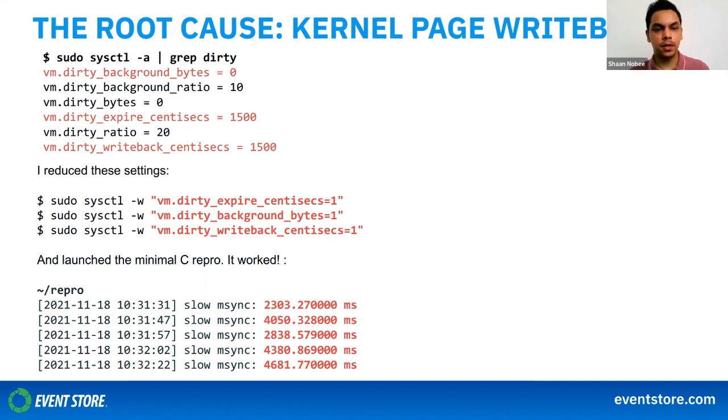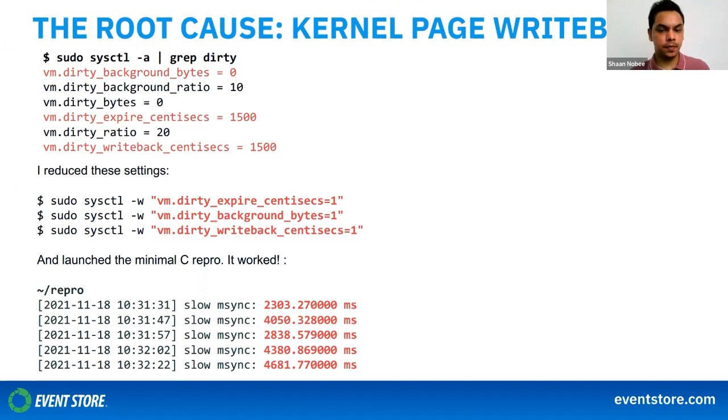And I gave them a second chance and reduced some of these settings to the smallest possible values to make these kernel page writebacks happen more often. And then I launched my minimal C reproduction. And to my surprise, it worked. So I was extremely relieved at this point, knowing that this was the root cause. This was very likely the root cause, and the most difficult part was done.